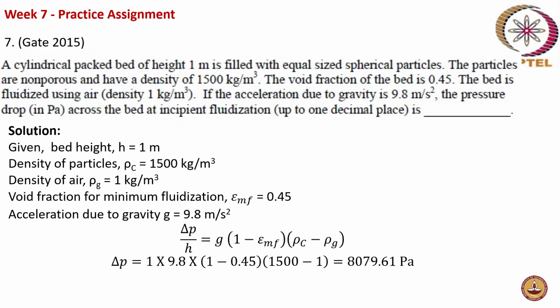And then they've also given the density of particles as 1500 kilogram per meter cube and the density of air is also given 1 kilogram per meter cube.